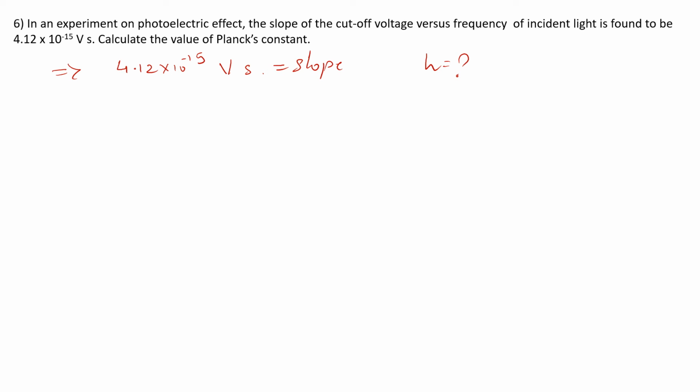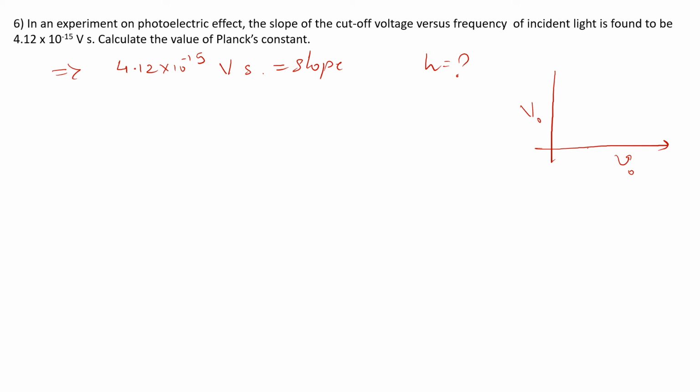They have given an experiment on photoelectric effect, the cutoff voltage versus frequency. So we know the graph here. Here there will be frequency, and here there will be stopping potential, or you can say cutoff voltage, that is V0.